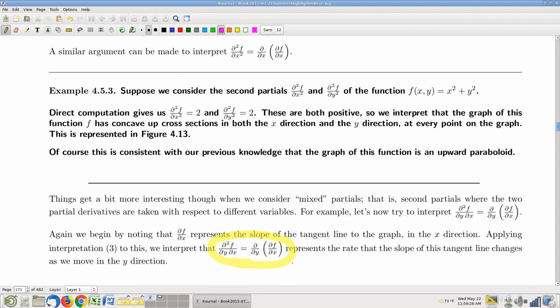here's what is not analogous to a single variable. What if you were taking a y partial of an x partial? So first partial with respect to x, subsequently partial with respect to y. If I were to ask the rhetorical question, what would we expect based on our single variable experience?